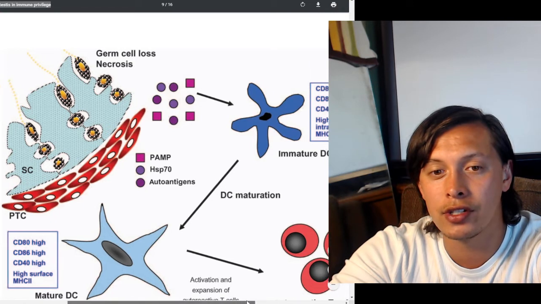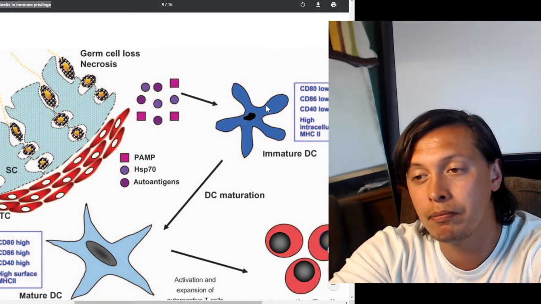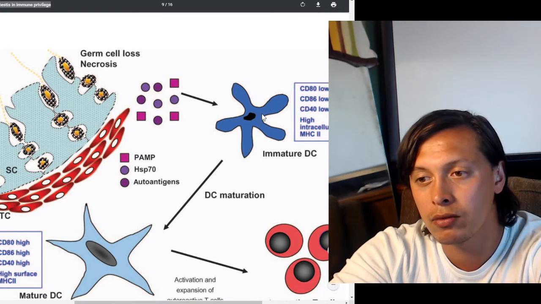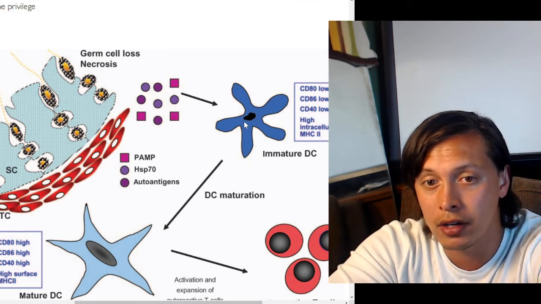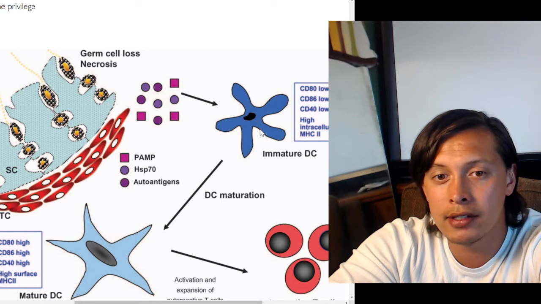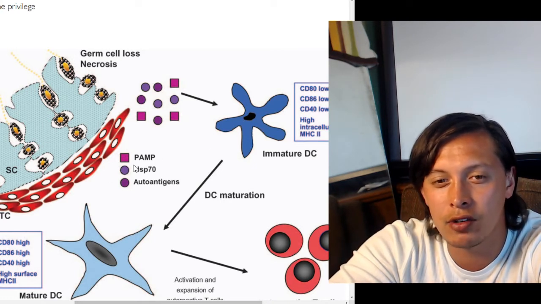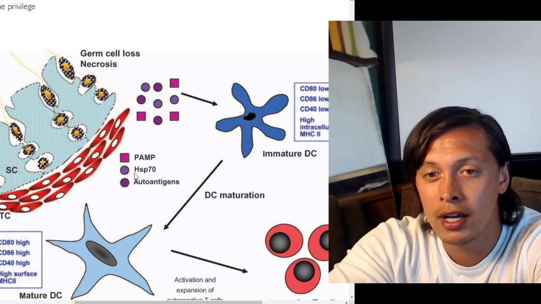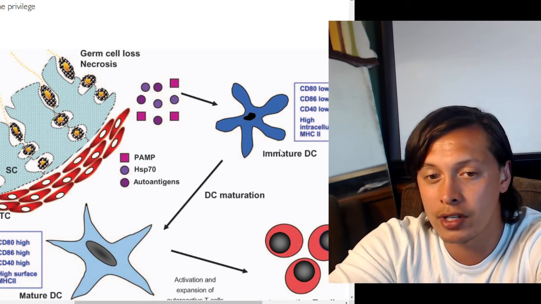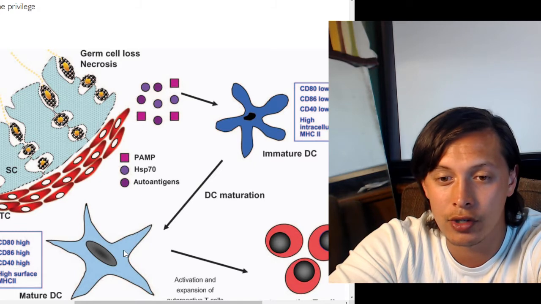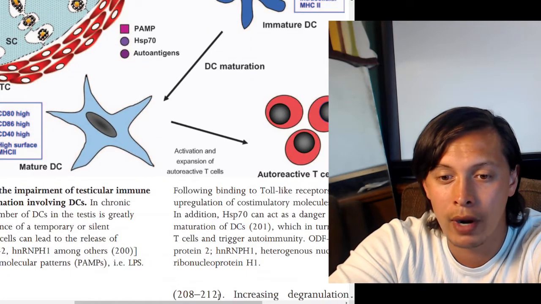So these autoantigens might be taken up, but they might not do anything. Normally, they might have actually had a protective role for the dendritic cells, but because of the PAMP and the heat shock protein 70, the dendritic cell goes from an immature dendritic cell to a mature dendritic cell, right?